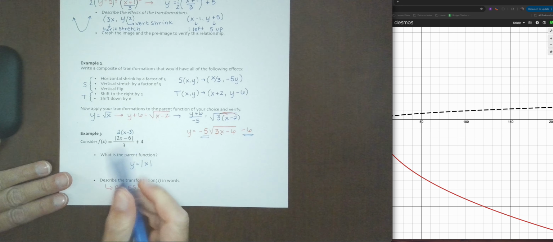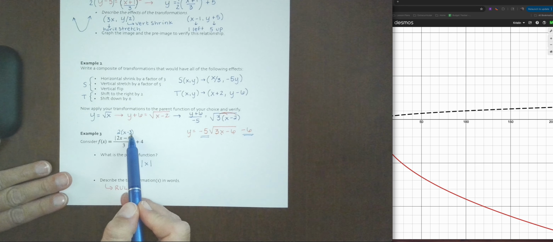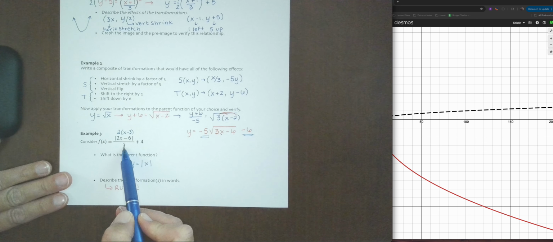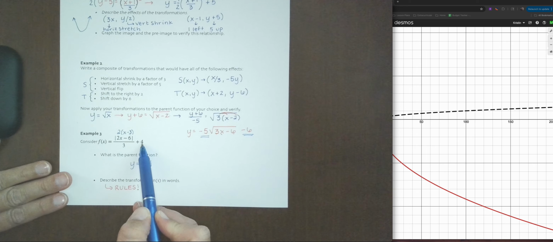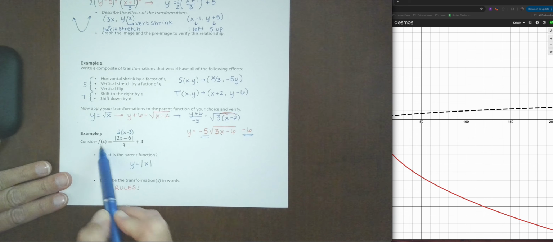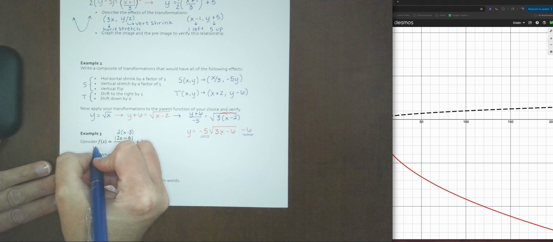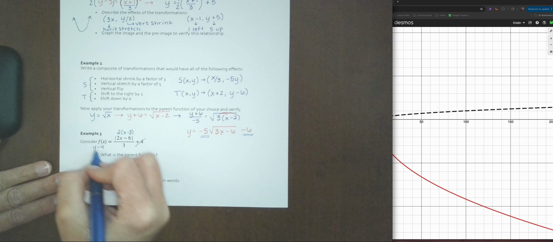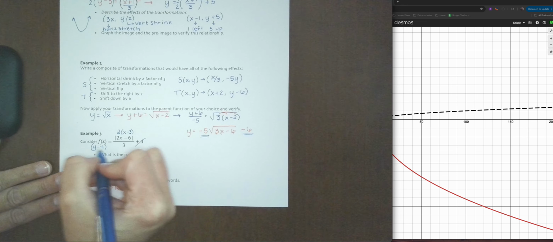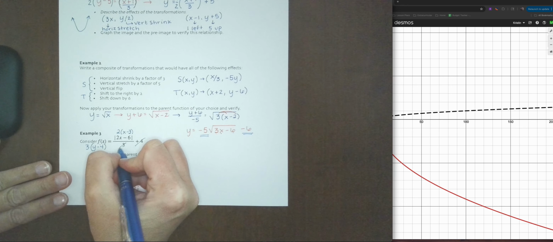Okay, I want to write it this way so that I can see the scale change separate from the translation. Also, I want to recognize that this 3 really belongs over with the y, and this 4 really belongs over with the y. So if I move the 4 back over with the y, this would be a y minus 4. And if I move the 3 back over, this thing would be multiplied by 3.